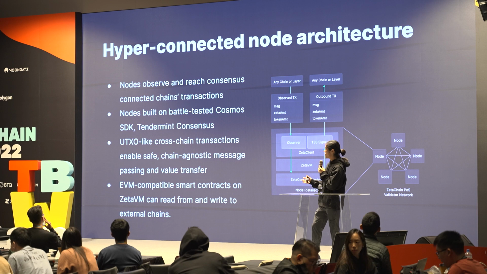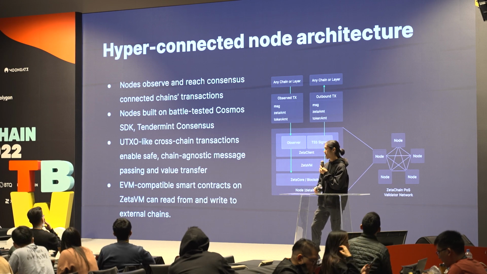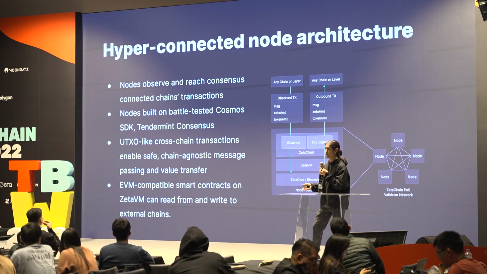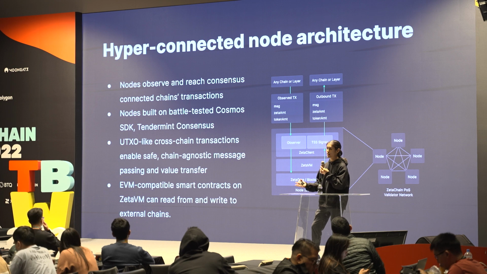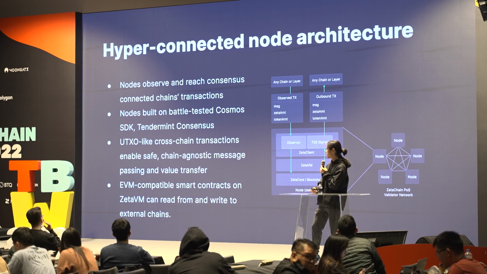So together, this lets you have these sort of atomic UTXO-like transactions between different blockchains, and also that you can layer on smart contract logic in the Zeta EVM to orchestrate that. So you could have an EVM contract that's taking input from external chains and outputting to multiple chains, only having to deploy in a single place.